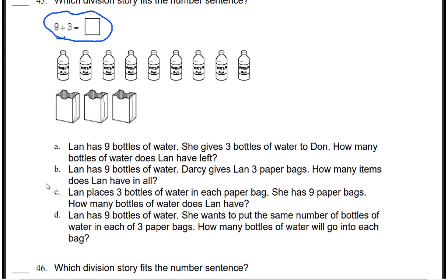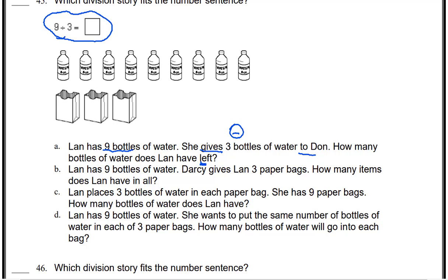A. Land has 9 bottles of water. She gave 3 bottles of water to Don. How many bottles of water does Land have left? It is minus. Excellent. Okay, the next one.